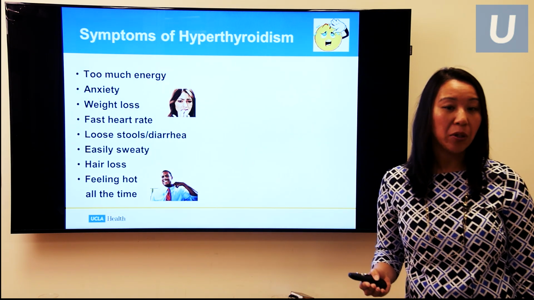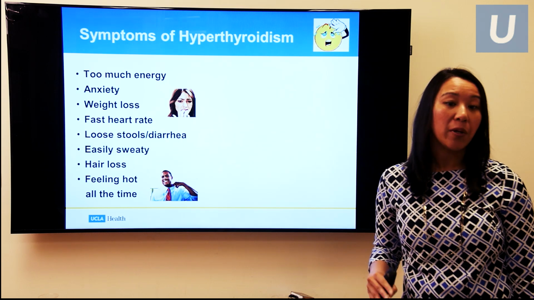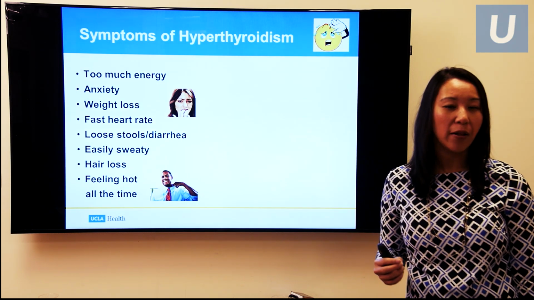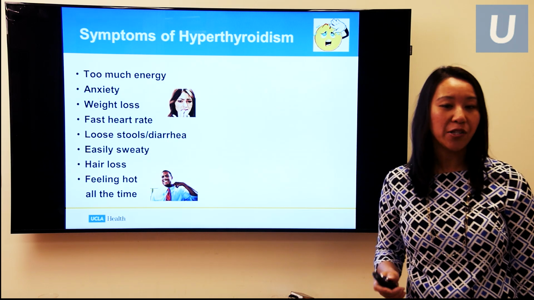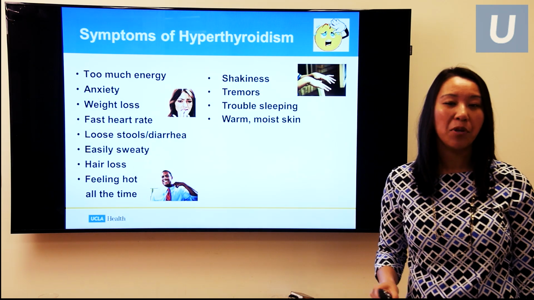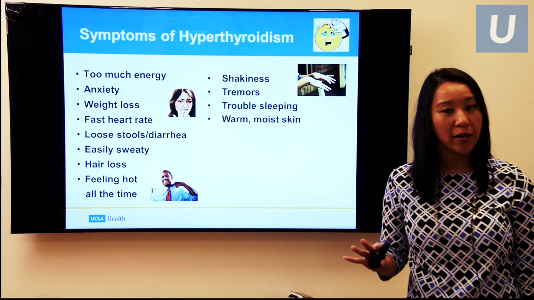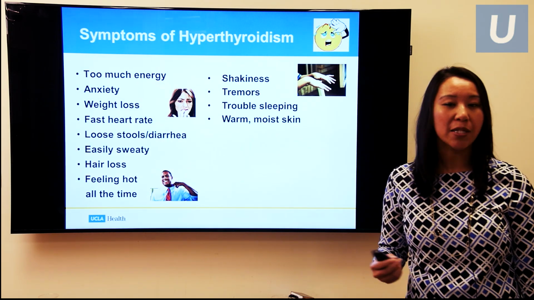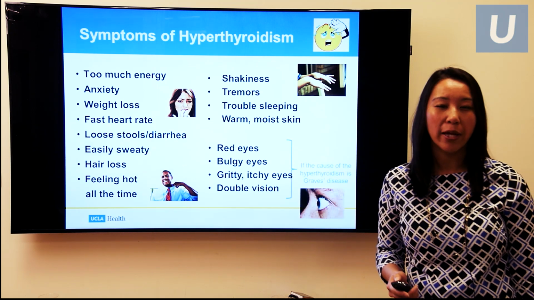Your stools can be very loose, or you can have diarrhea. You're easily sweaty. Your hair can be easy to fall out. This feeling of being hot all the time is very, very common. In addition, on exam, you might have some shakiness or tremors that you can't control. Trouble sleeping as a result of that, and your skin is always very warm and moist.